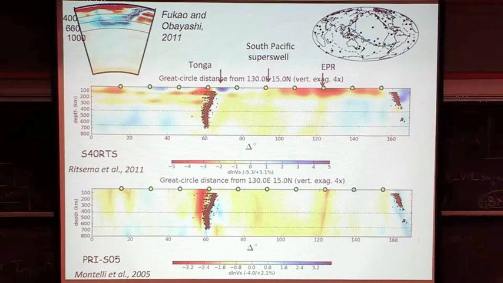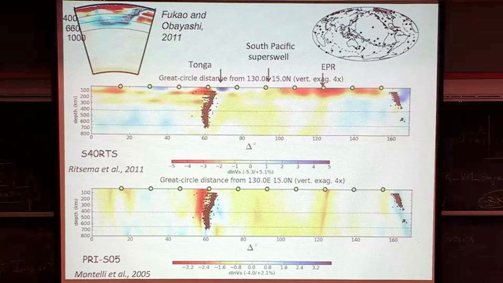So in that paper, they don't explicitly say how they did the damping. But if you talk to some of the authors in private, what actually happened with that model is that they wanted to image the plumes, and so they forced a very strong radial smoothing, so smoothing with depth.